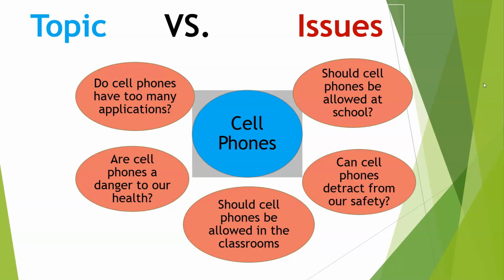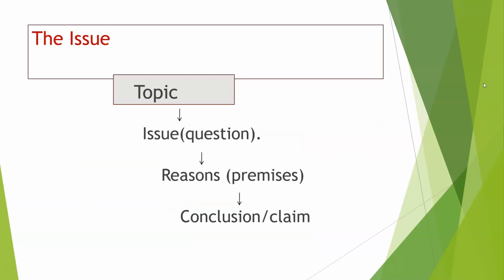So let's look at how the issue is composed, and this is the beginning of that argument. So now we know what an issue is and what it is not. So let's review. For an issue to be formed, you start with a topic. In the previous slide, the topic was cell phones. You ask a question that becomes your issue. Should cell phones be allowed in the classroom?